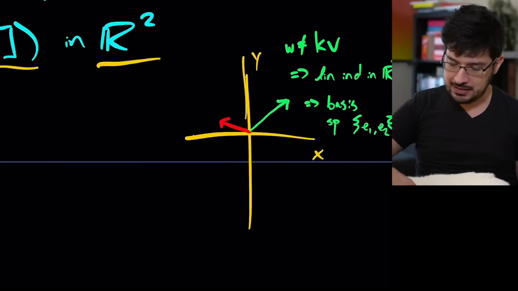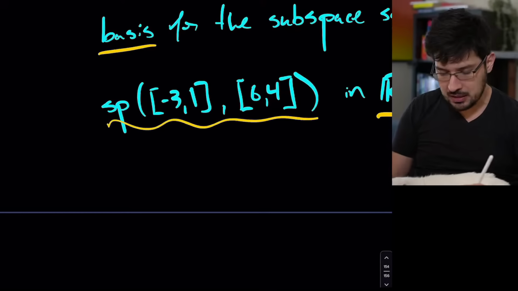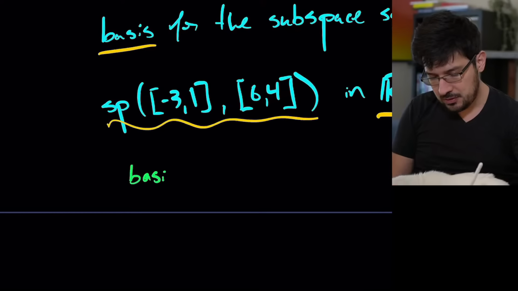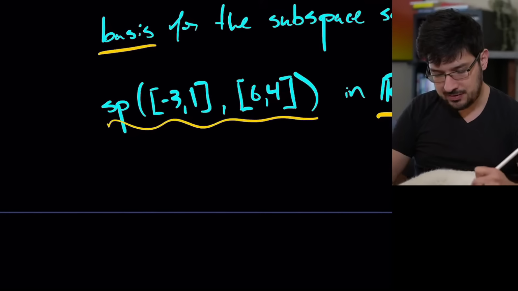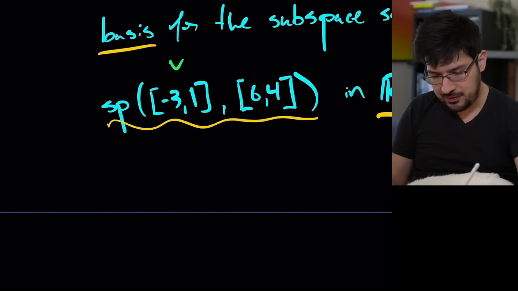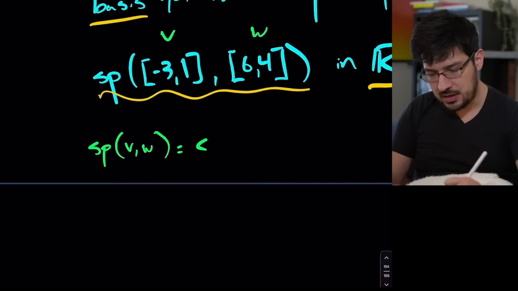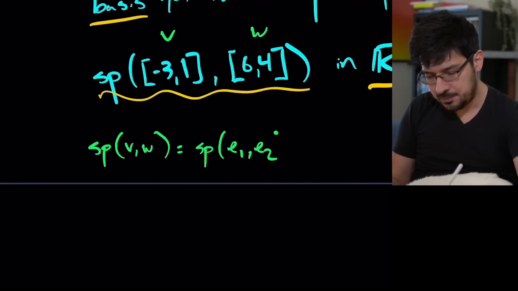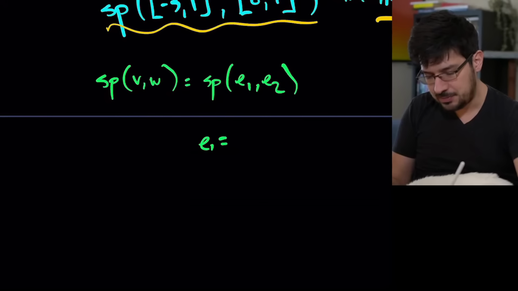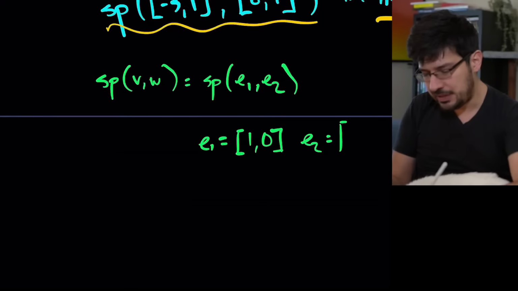For sure, I know a basis for this span: if we call these V and W, then the span of V and W is equal to the span of the basis vectors E1, E2, where E1 is the standard basis vector 1, 0, and E2 is the standard basis vector 0, 1.